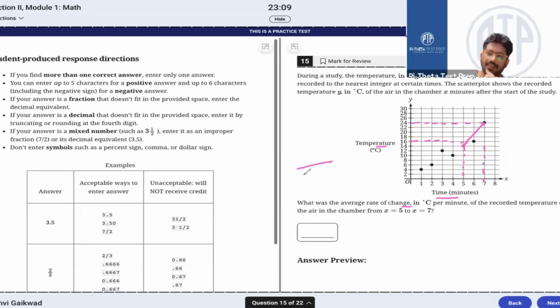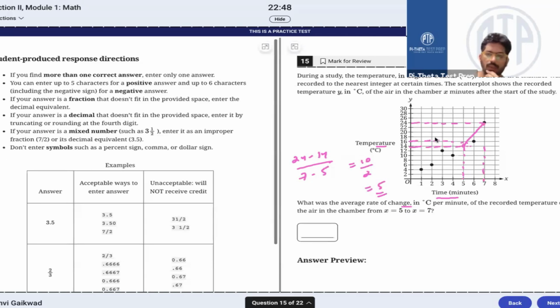So change in x is 7 minus 5, and the change in y is from 14 to 24, not 16, it is 14. So 24 minus 14 is 10, upon 2, and that is your 5. That is the average rate of change, right?